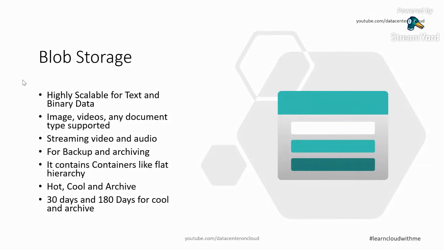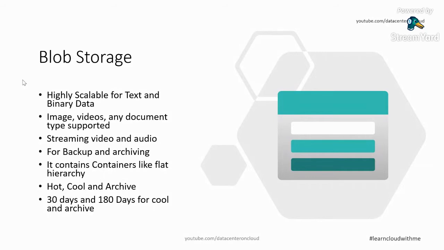And archival is the cheapest one, but its purpose is to store for the long term data which is not required, or only required in the case of disaster recovery or some kind of audit or compliance, where you need to store the data, let's say, for a couple of years, and when the audit happens they want to check whether you have this mechanism or not. There this archival storage comes into the picture.